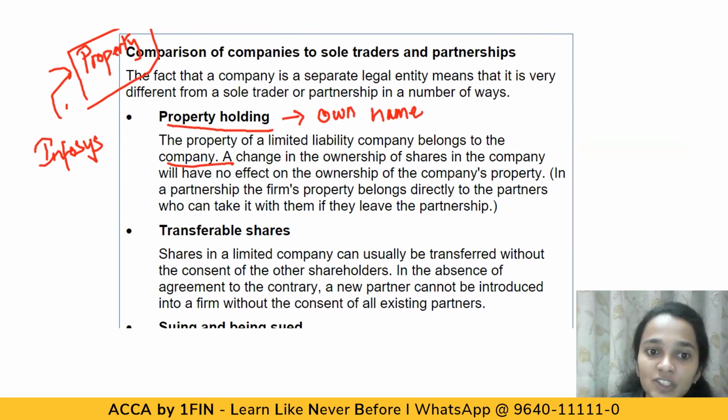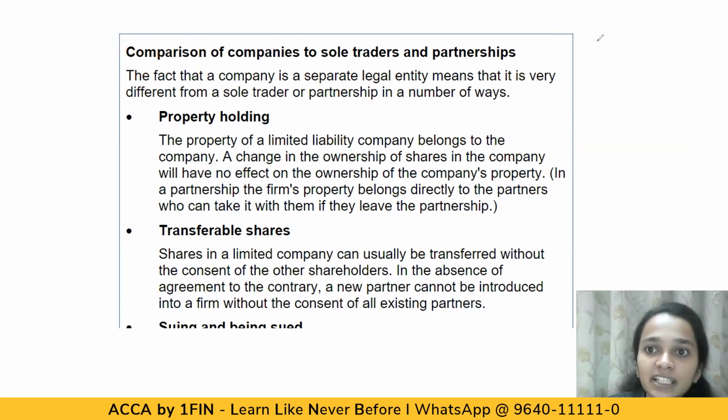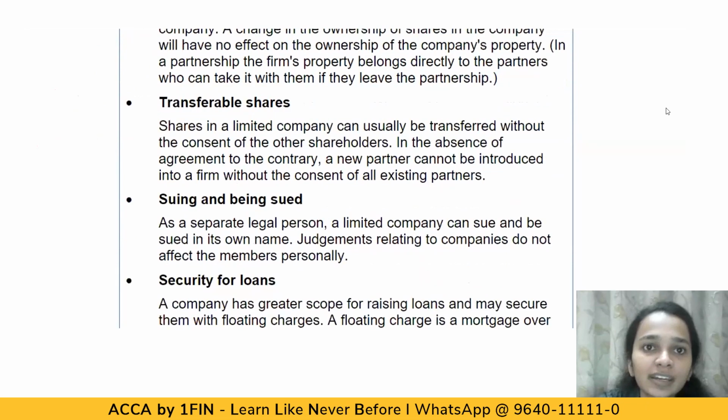The next distinction is with respect to transferability of shares. Now, in companies, transferability of shares can be done at any time. If I am holding shares in a company and I want to transfer these shares to someone, I can do it irrespective of whether I've obtained approval from any other shareholders or not.